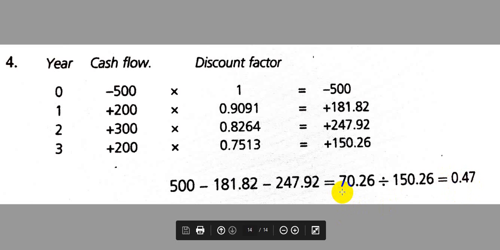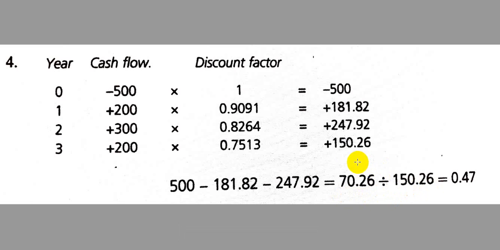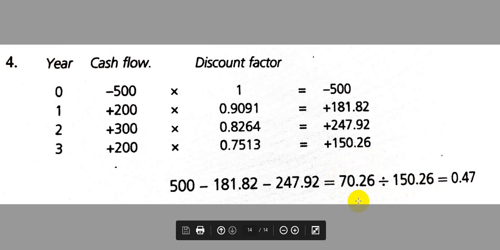Here you can see that this is the remaining amount in order to reach 500, the initial investment, and this is the present value of the cash inflow for the third year, and we want to know how much of a year we need to get the 70.26 out of 150.26.